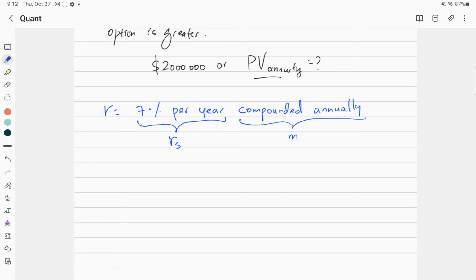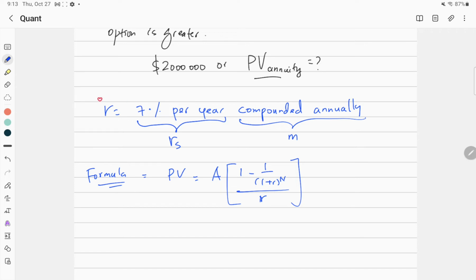So the formula we use to calculate the present value is given by the annuity amount A times 1 minus 1 over (1 plus r) raised to n, divided by r, where A is the annuity amount, n is the number of periods, and r is the interest rate.